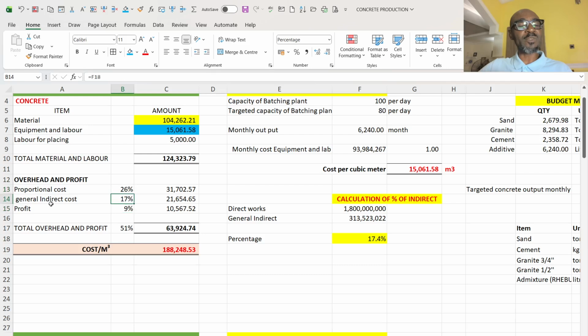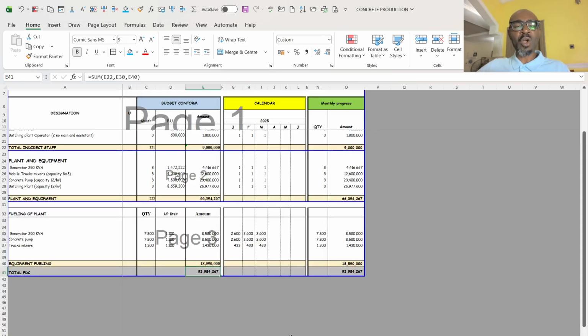Then the general indirect, aside the equipment that are meant for the concrete, you have personnel that are for general service. The offices are general service, the toilet, general service, the printers and all of that. So what I now did is to come to this place.